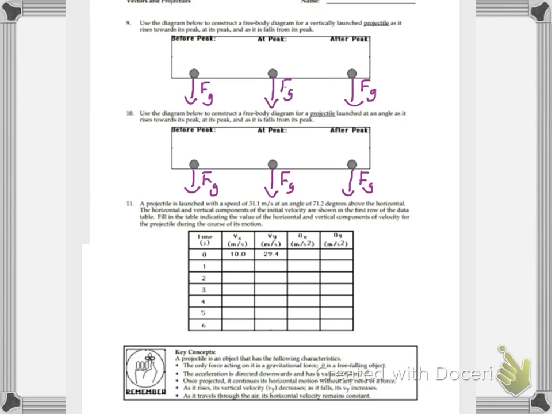And now this last one, we have a projectile launched with a speed of 31 meters per second at an angle. We're given the velocity in x and the velocity in y, and then we want to know what the accelerations are in each direction. So we know right away, once it leaves, it becomes a projectile. The velocity in x remains the same. So these, all of them, become 10 meters per second.